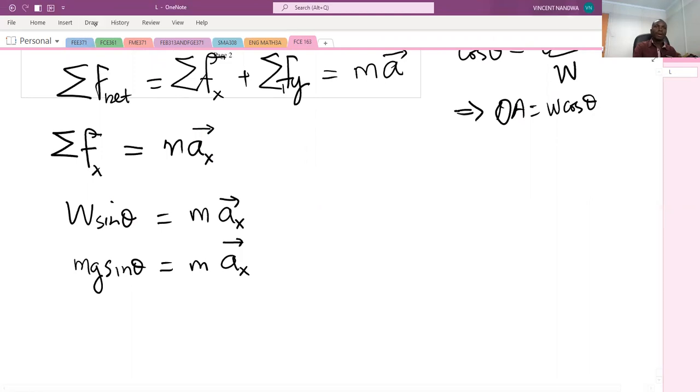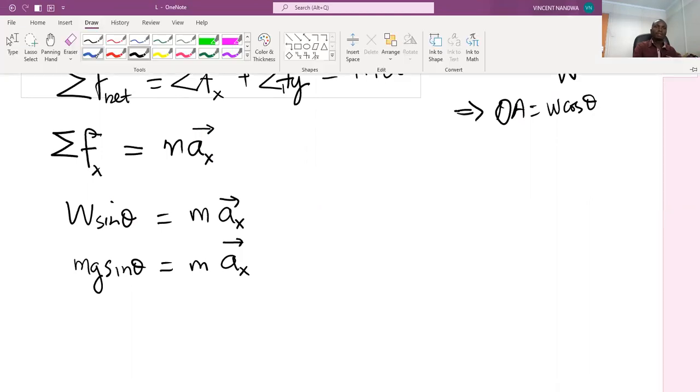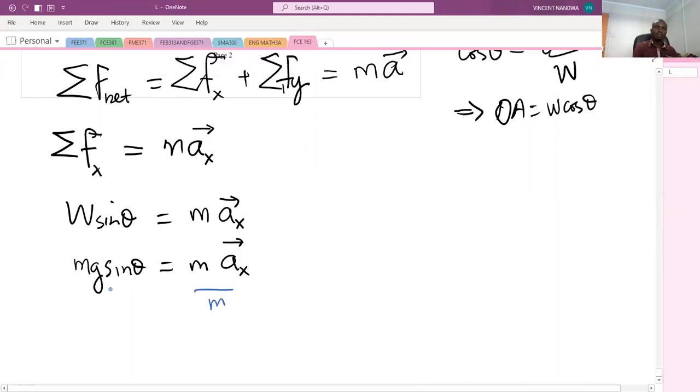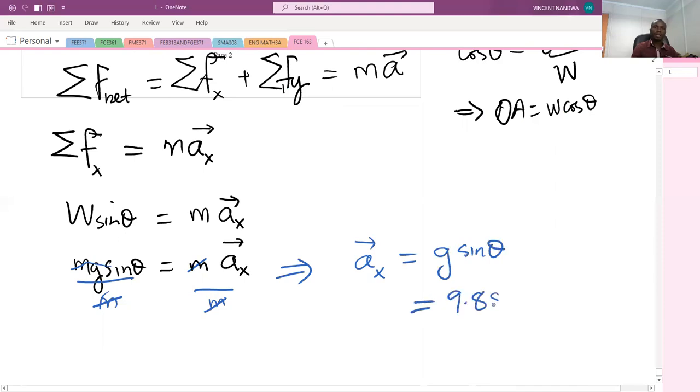If we divide through by mass, acceleration is g sine theta. So g is 9.8 and then sine of 32.